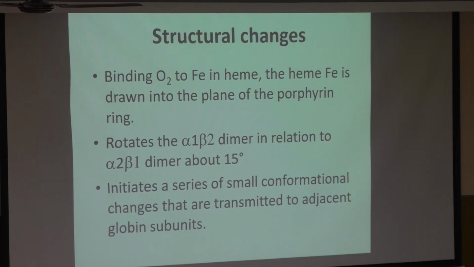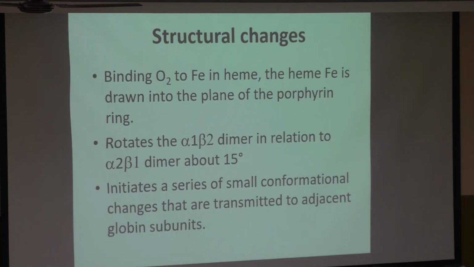So three modifications, three structural changes are happening. Okay. So these three structural changes we will see. So the first structural change is the protoporphyrin is a ring and all four are present in one plane.